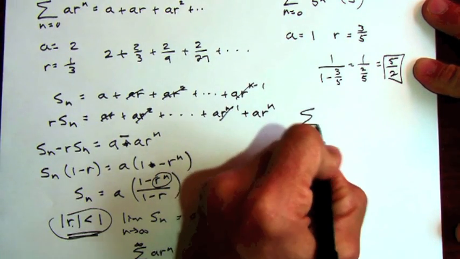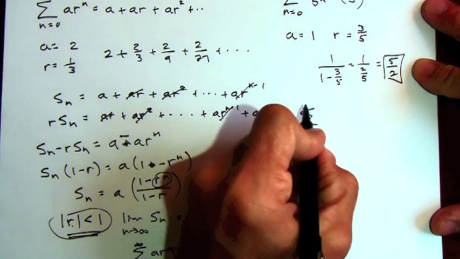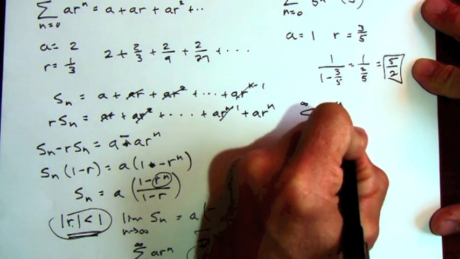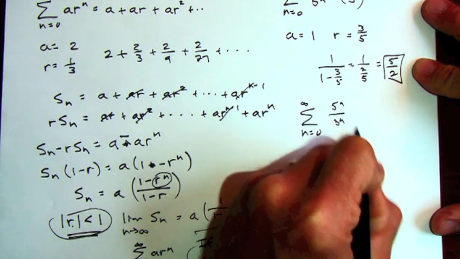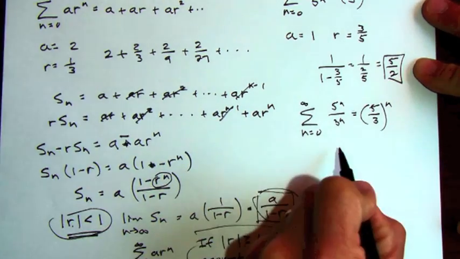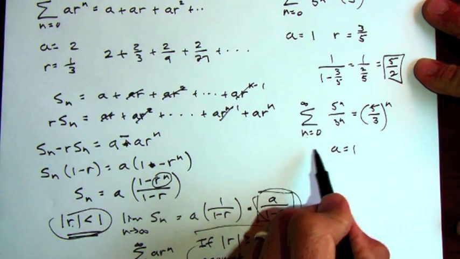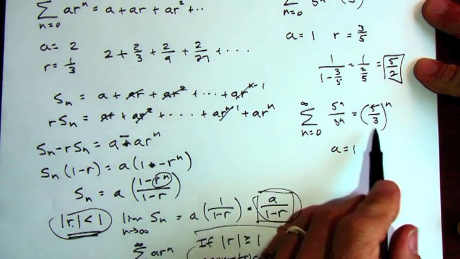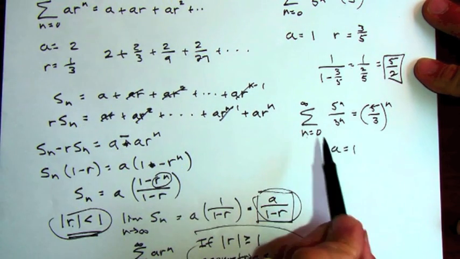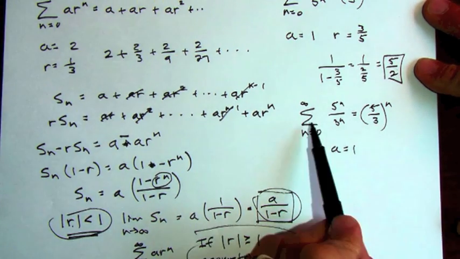If we were to flip this around, so 5 to the n over 3 to the n, well, that's 5/3 to the n. It's geometric. a would equal 1, because we're starting at 1, and then we multiply by 5/3 to get the next term, and by 5/3 again to get the next term.